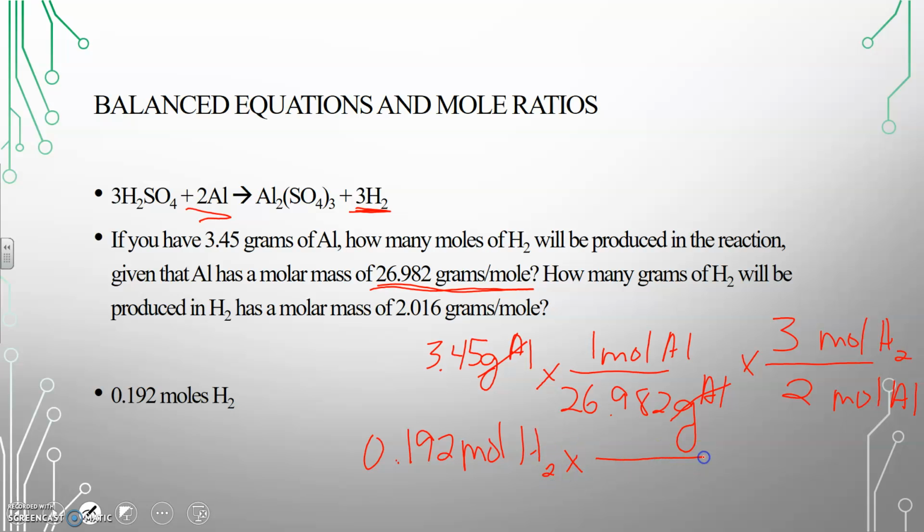And we are given the molar mass here. So grams will go on top this time because we have moles and we need to go to grams. So that's grams of H2, and then we have in 1 mole of H2. So moles of H2 will cancel, and that will leave us with 0.192 times 2.016. So we end up with 0.387 grams of H2.